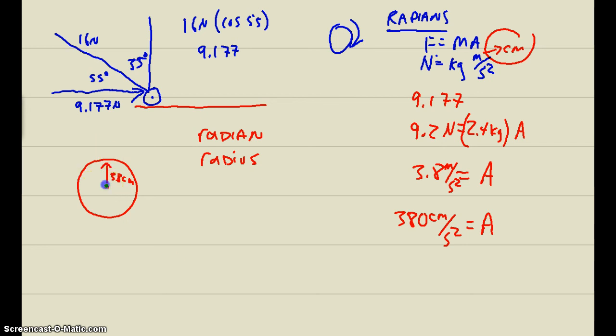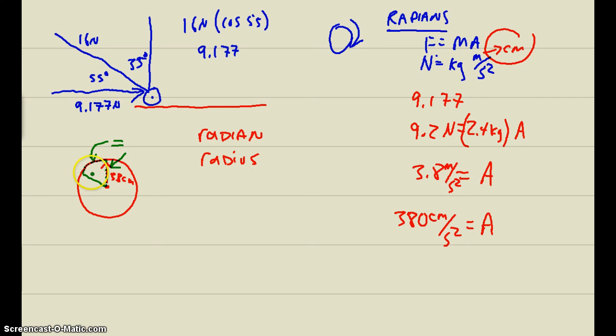If this right here is 3.8, then a radian is that angle of measure that is created when the distance traveled by a circular object is equal to the radius of its travel. So this side right here and this side right here are the same, are equal.